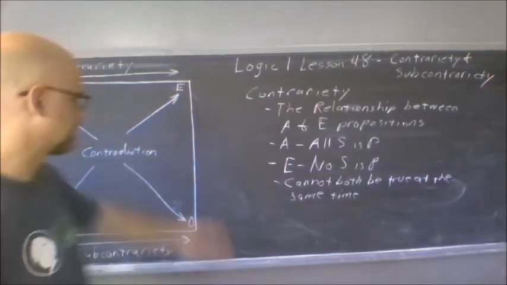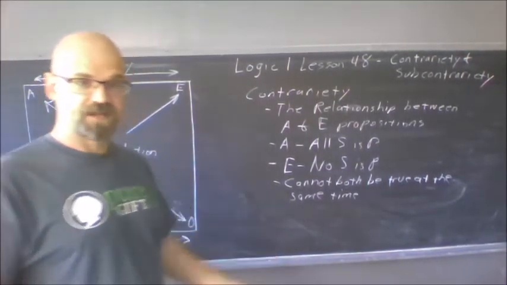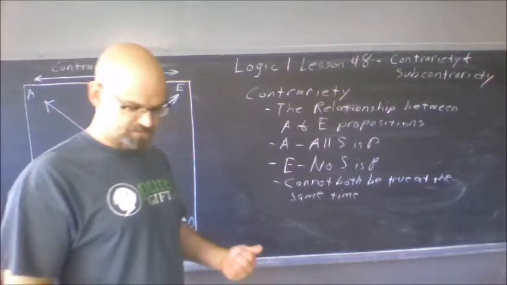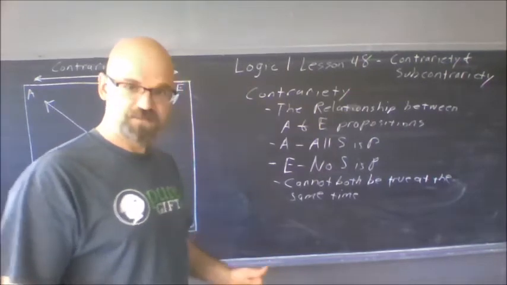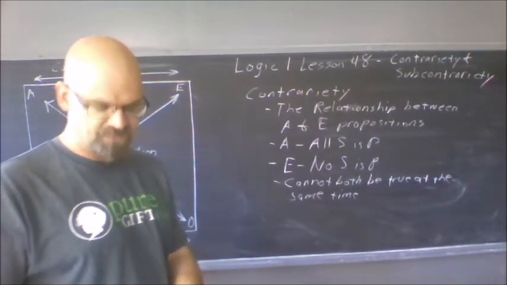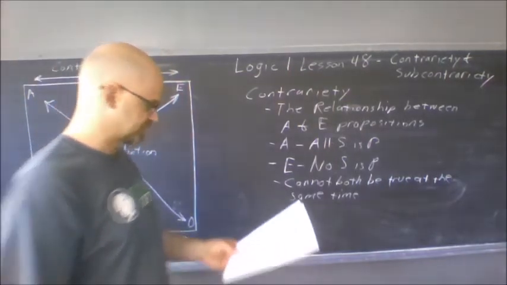That's similar to a contradiction, right? Contradictions can't both be true at the same time. Same thing with contrariety. Same thing with A and E propositions. They cannot be true at the same time. So if one is true, the other must be false.